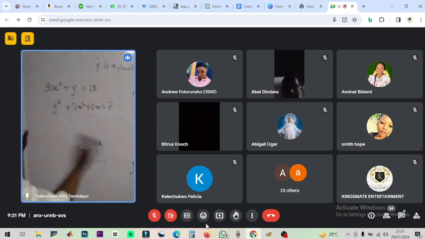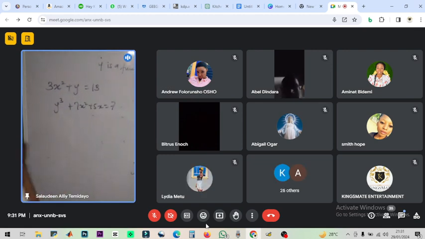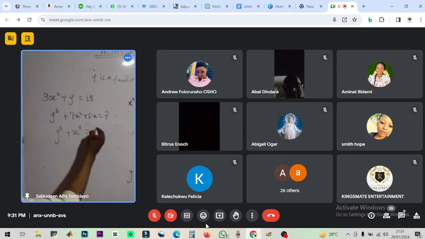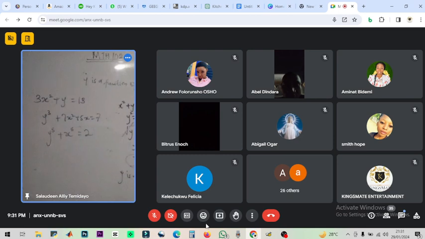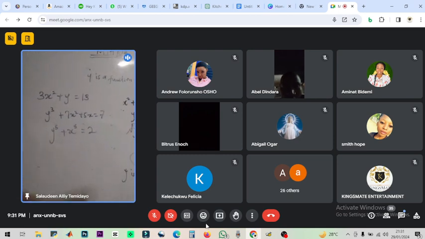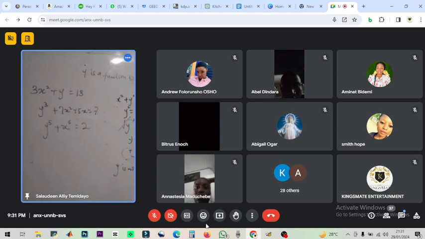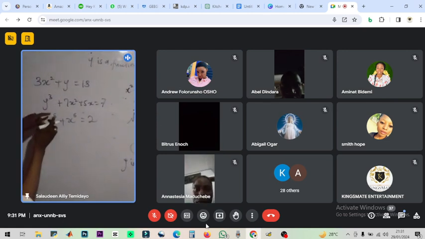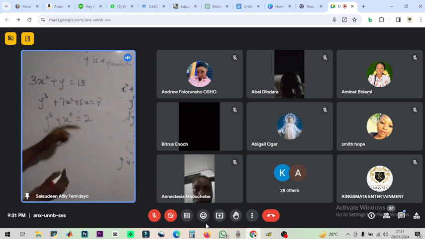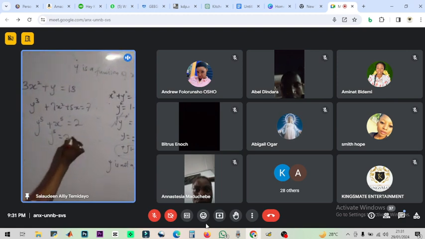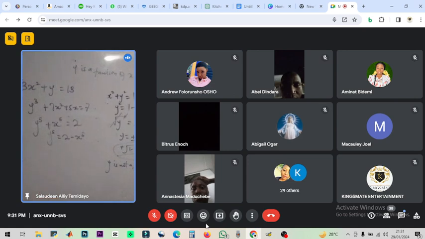So if I have y raised to the power of 5 plus x raised to the power of 5 equals 2, definitely y will be a function of x because they have the same power. I think that is the theory you should hold, Miss Abigail. Make y the subject. Y raised to the power 5 equals 2 minus x raised to the power 5.